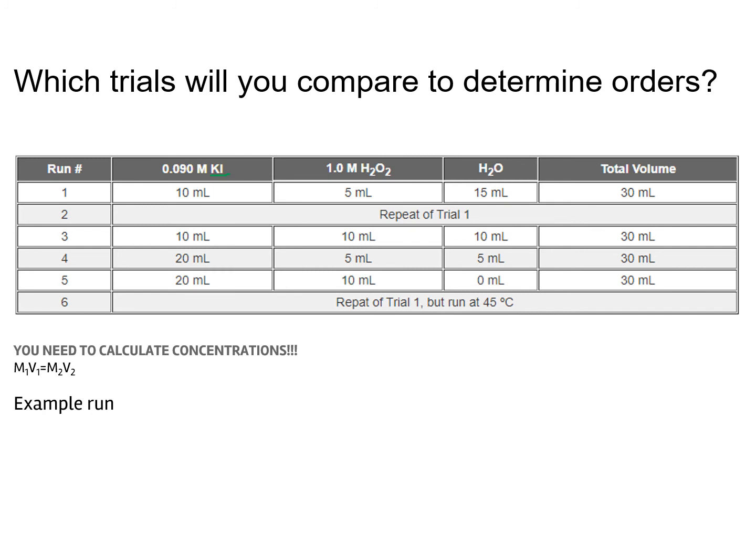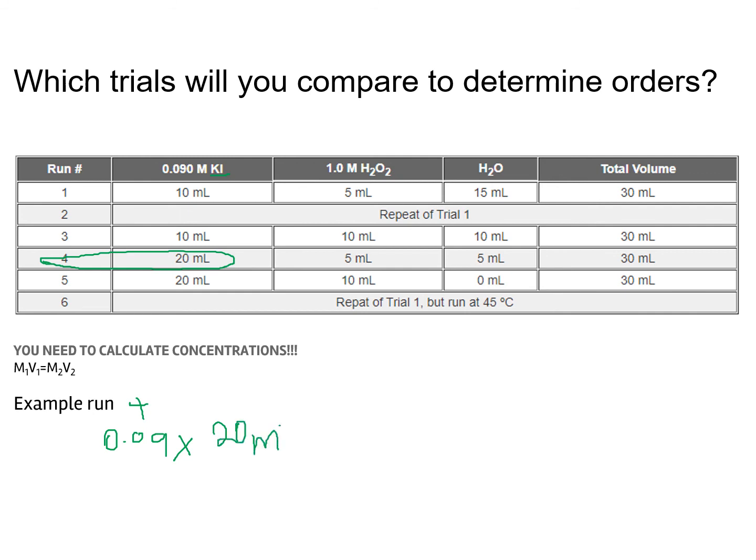So let's take, for example, in run 4 here, your M1 is 0.09 molar. I don't know if I can write really well here, but your V1 in run 4 specifically, you took 20 ml of 0.09.